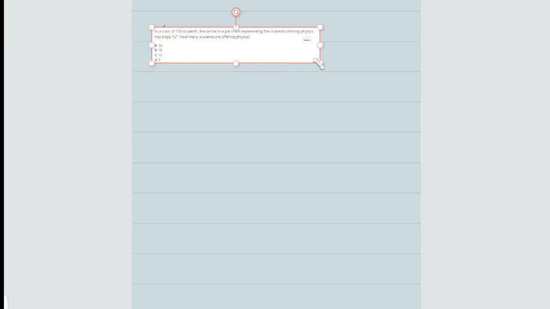Pie chart. So the question says in a class of 150 students, that is the total number of students in the class is 150. Don't forget the meaning of sector. A sector is the region bounded by two radii and an arc.